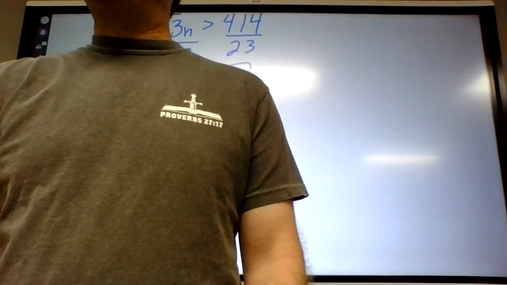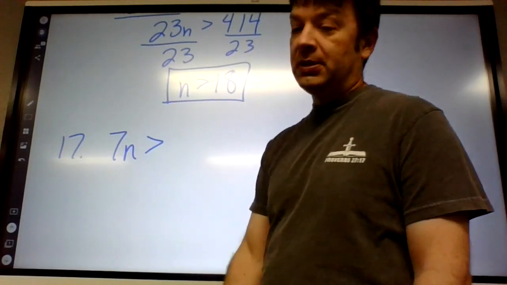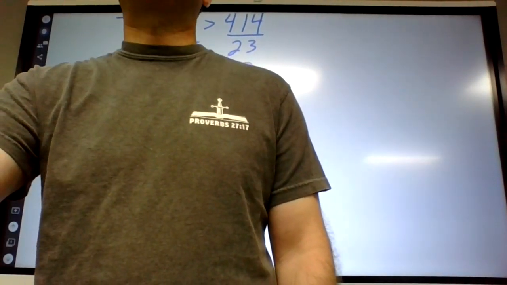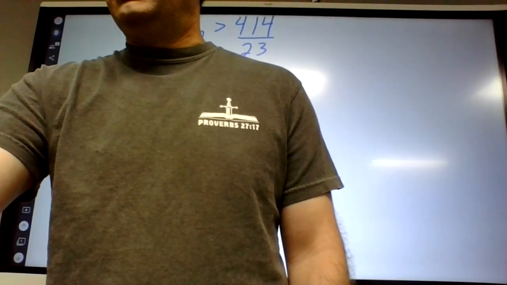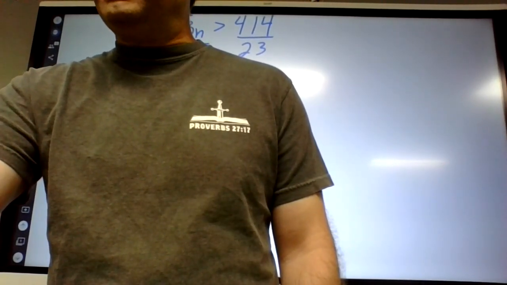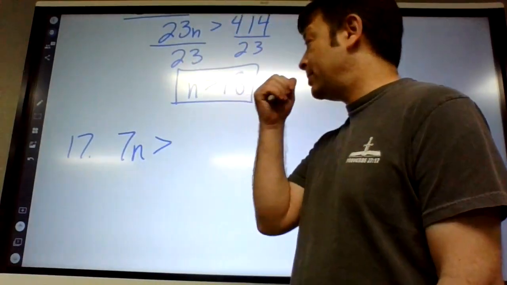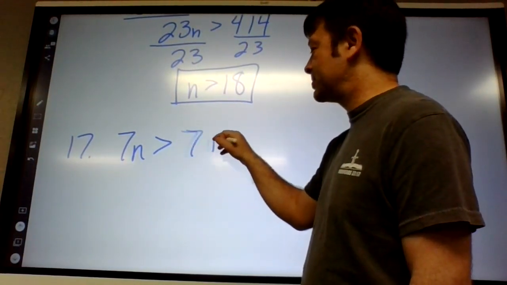Is more than, what would is more than translate into? Greater than. The sum of 7 and the number. What did sum mean? Add. So 7 plus the number.